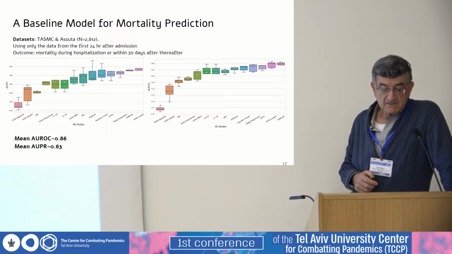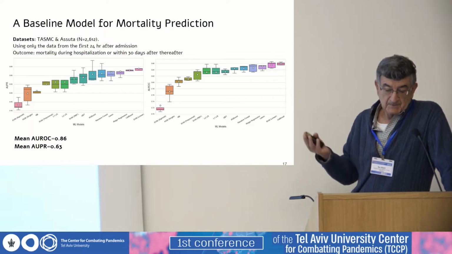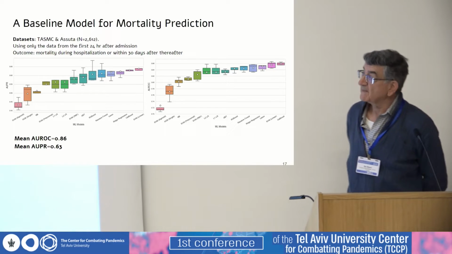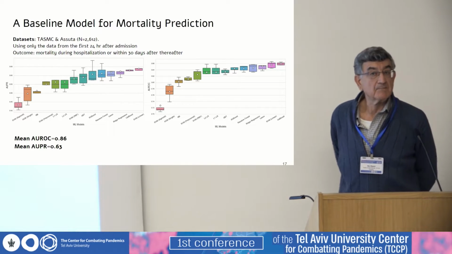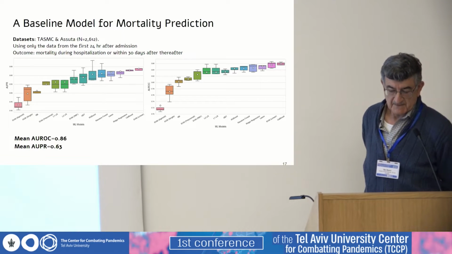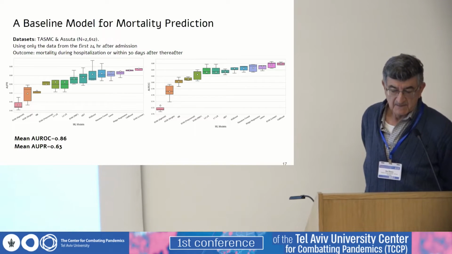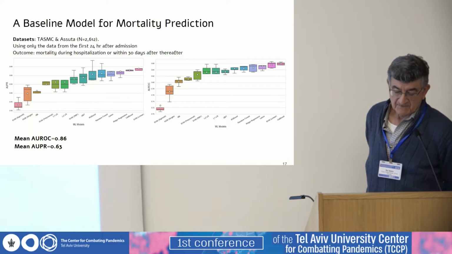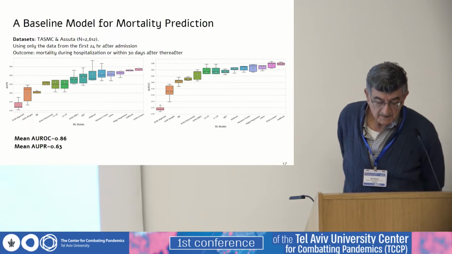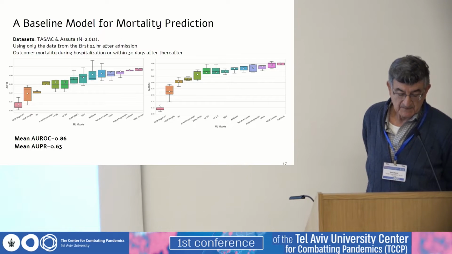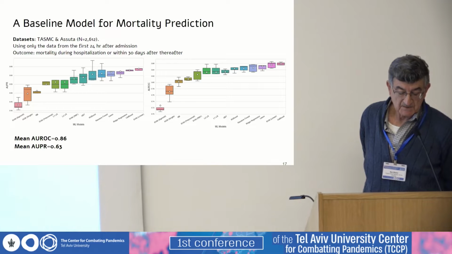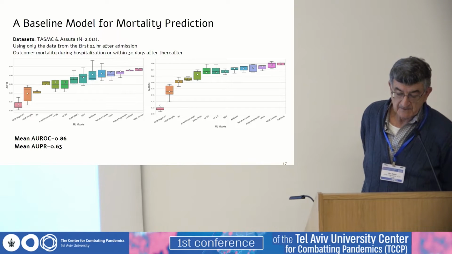So here is an example of preliminary work of predicting mortality using a baseline model. So this is using only the data available at 24 hours after admission. And again, you see that the values are similar, AUROC of 0.86 and the AUPR of 0.63.